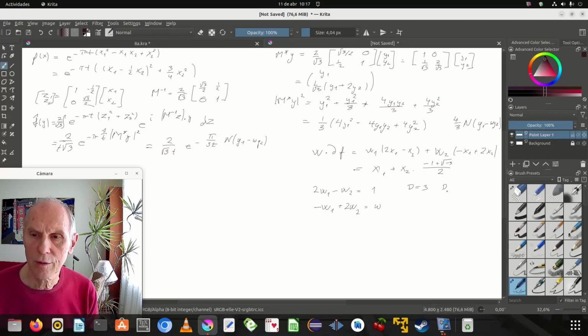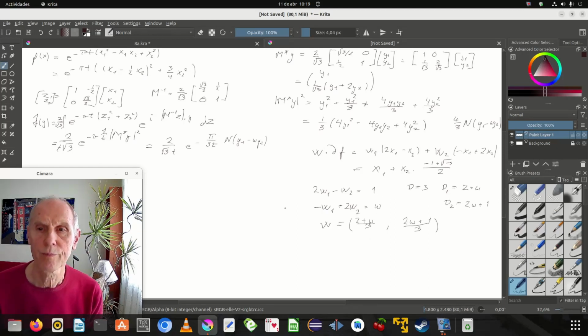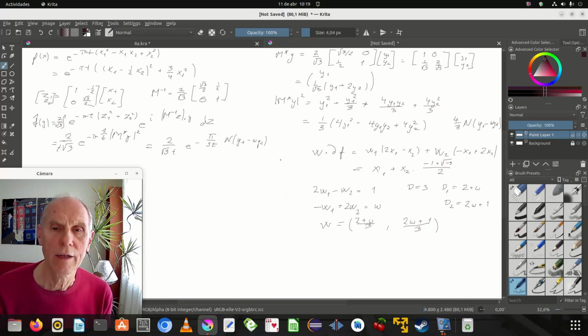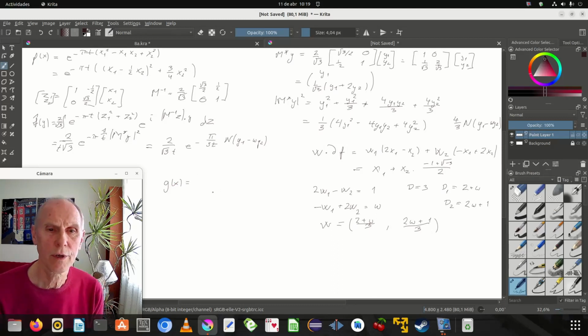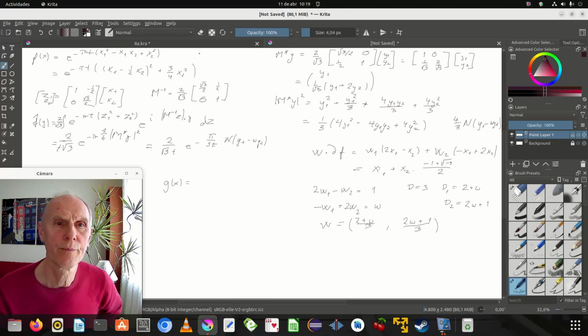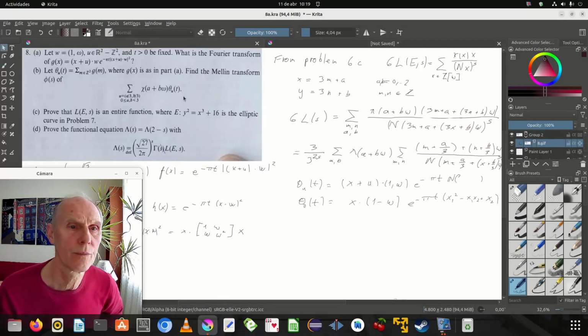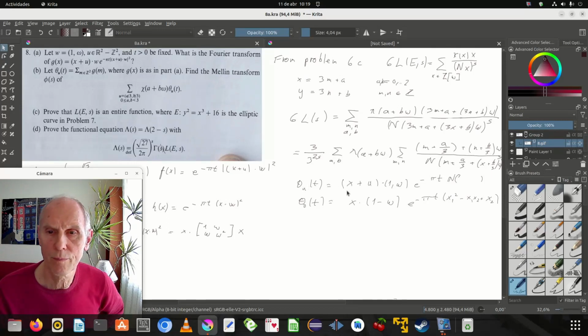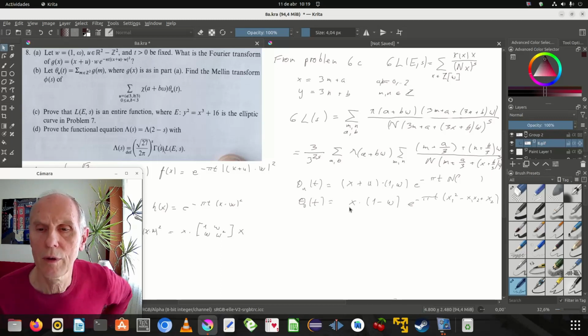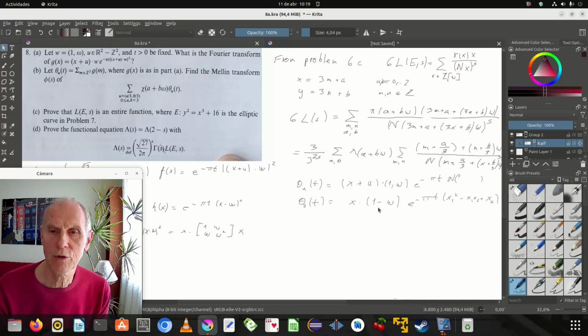And d1, and then we can use the Fourier transform. So d of x equals, yeah, x times omega.